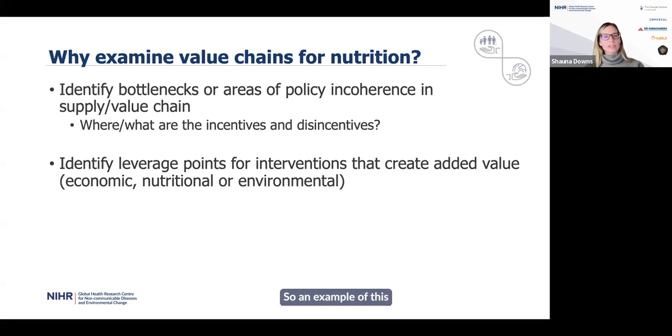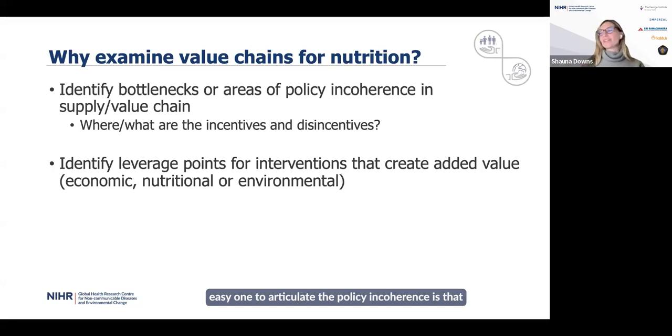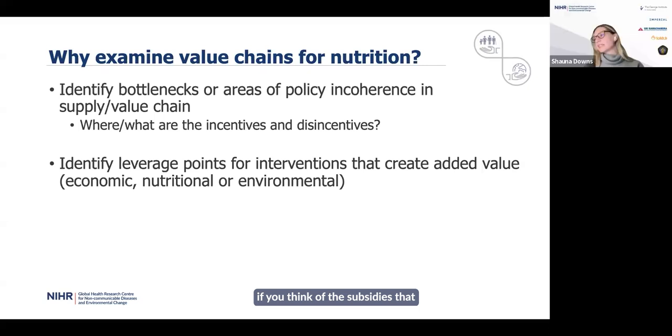An example of this, and I'll continue to use a US example, which I apologize for, and I don't even really work in the US, I very rarely work in the US, but I think this is an easy one to articulate the policy incoherence.